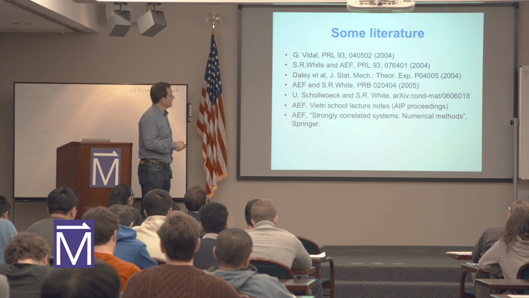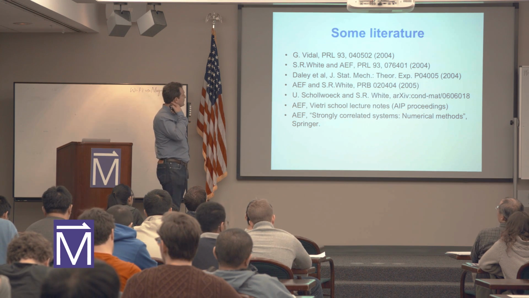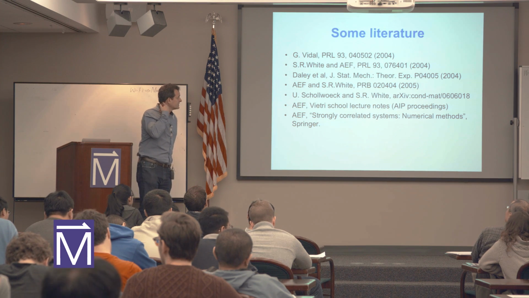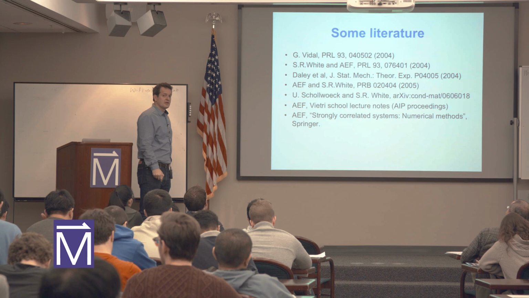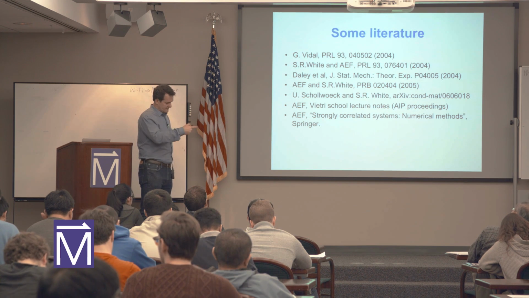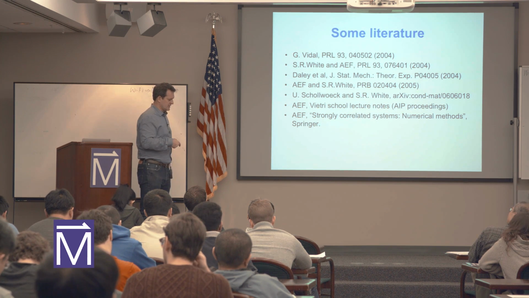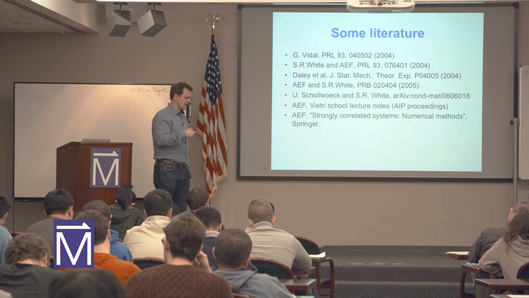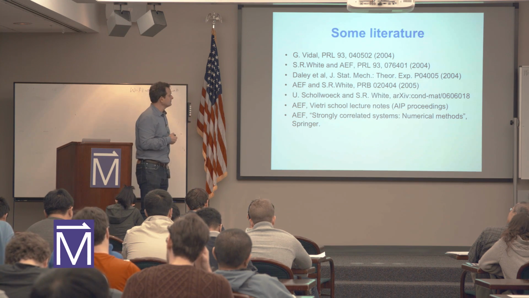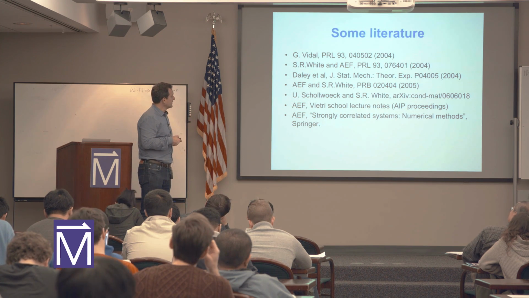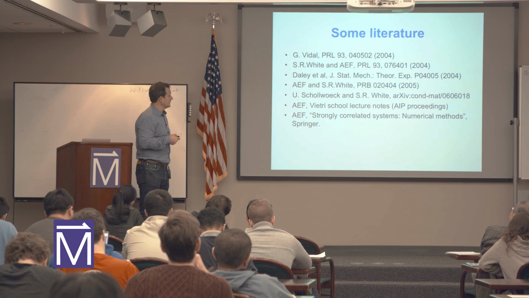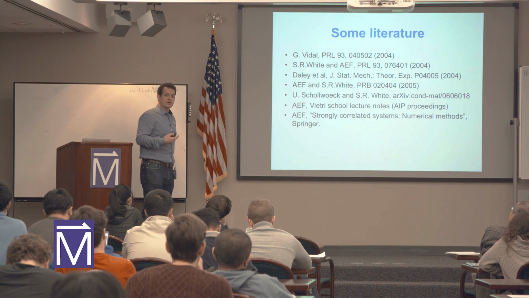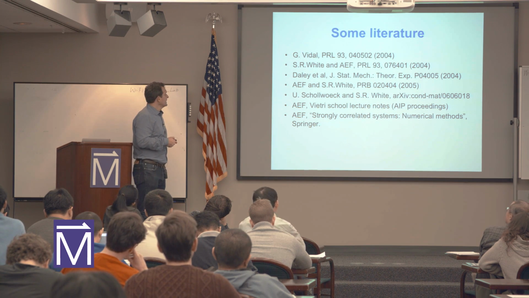So then Guifré Vidal came up with his iTEBD, or infinite time evolving block decimation idea. Basically rewrote DMRG for infinite translational invariant states and did his projection. And then with Steve White, we realized that we could do it within a DMRG framework using the same language.